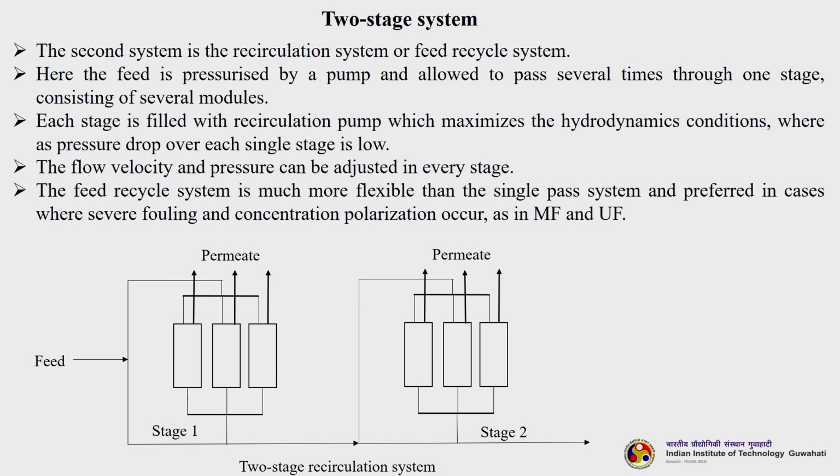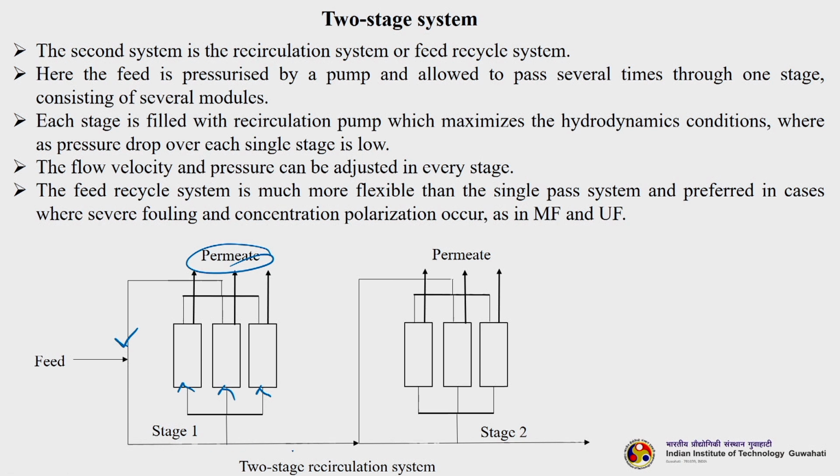So, you can see here there are two stages, stage 1 and stage 2. The feed is being fed here. And whatever the retentate is coming, the retentate is again recycled back to the feed stream, and we get overall permeate here.